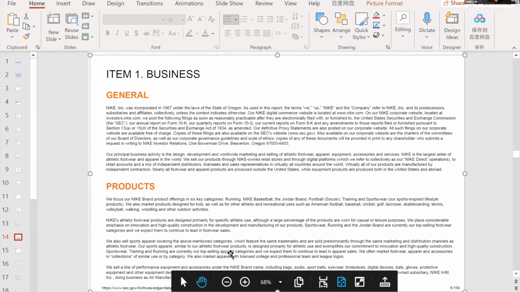They also have performance equipment. For example, they have bags, socks, sports balls, eyewear, timepieces, watches, digital devices, bats. You know bats? You guys play baseball? They have gloves, and there are many other things. So this is the product description for Nike.